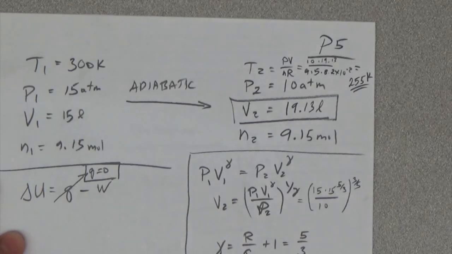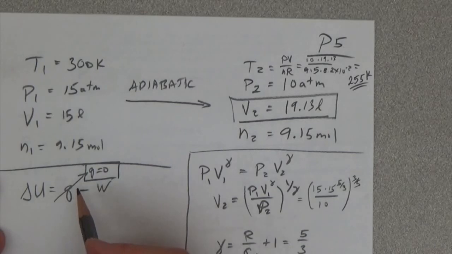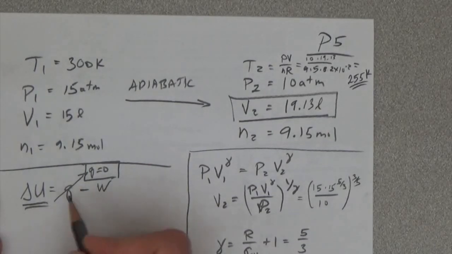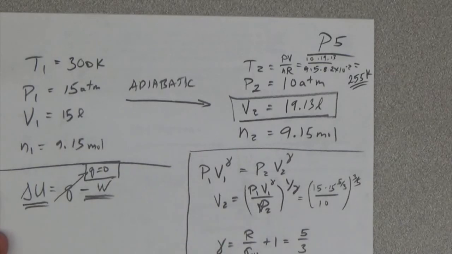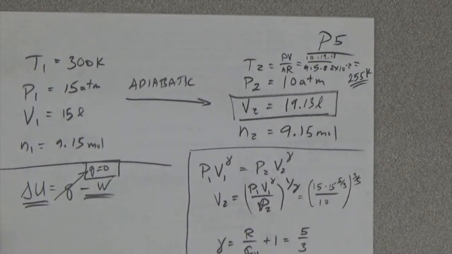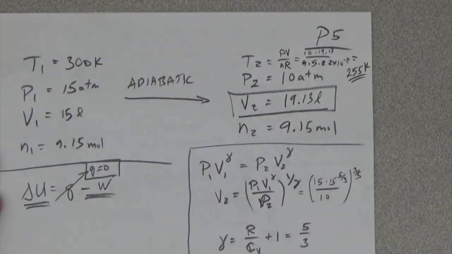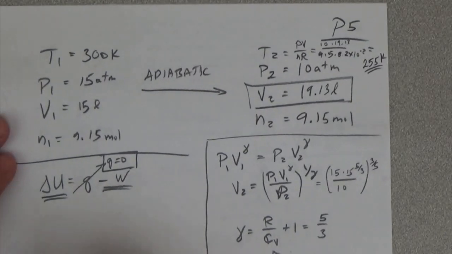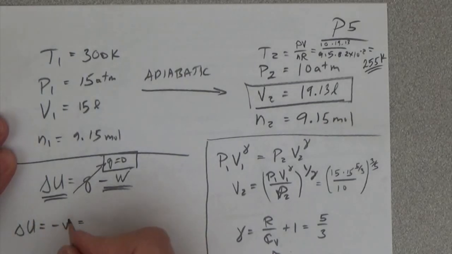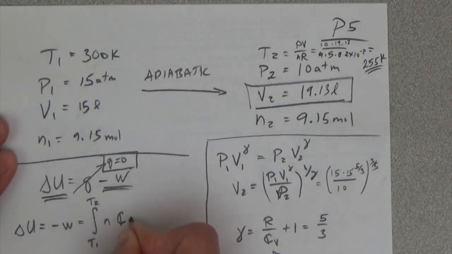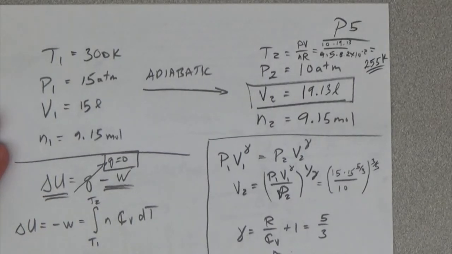So that's question number 3, which means that now delta U is equal to negative W. And this is delta U is equal to minus W, which is equal to the integral from T1 to T2 of N CV dT.